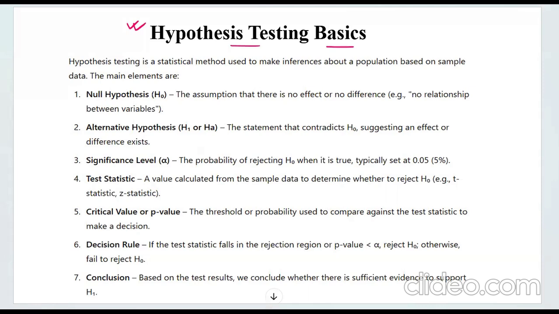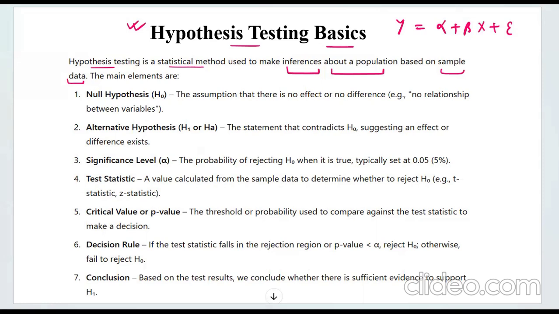What is hypothesis testing? Hypothesis testing is a statistical method that we use to make inferences, so it's a part of statistical inference about a population based on sample data. Suppose you have this two variable regression model, alpha plus beta x plus epsilon. This is the simplest, most classical linear regression model.